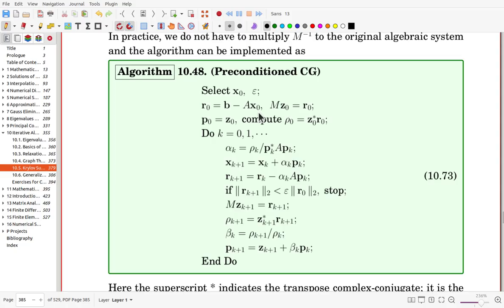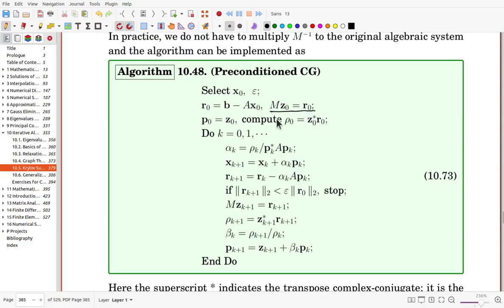This one is extra: from r, we try to get z by solving this linear system, and in each iteration, you have to solve this one.